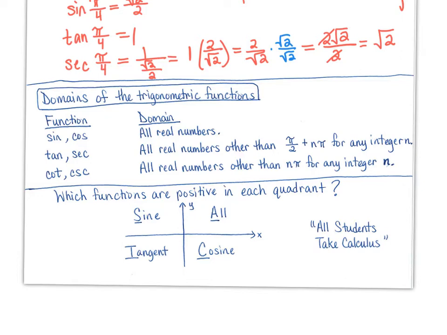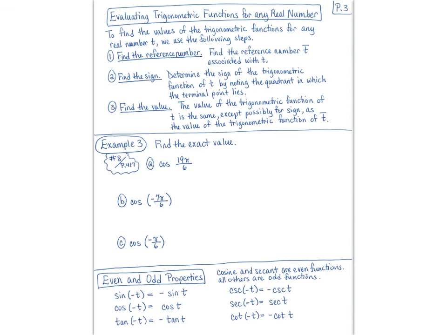Good. So if you have to find a trigonometric function for any real number that you can't readily identify from the unit circle, you find a reference number, then find the sign, and then find the actual value. That's what we're going to talk about now.